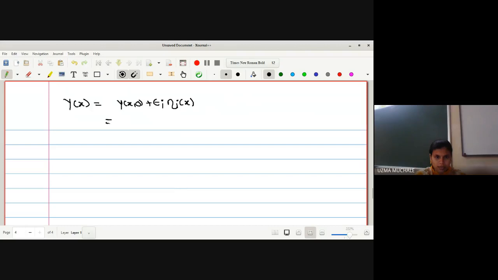Since two conditions are given, we can write this in the form of a summation as epsilon 1 eta 1 of x plus epsilon 2 eta 2 of x. Initially we had only one parameter, that is alpha.